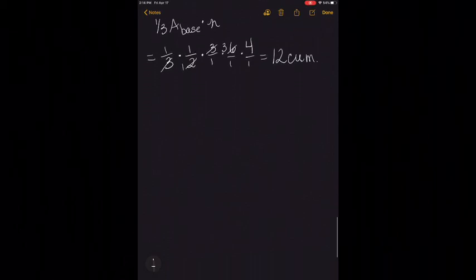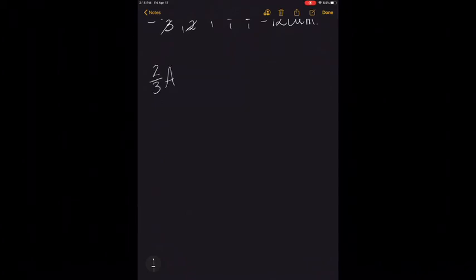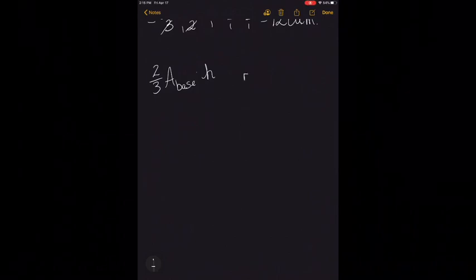The next one, we're going to skip the next one. That's for a cone, but I do want to find the volume of a sphere whose radius is 10 centimeters. Okay, volume again. And so let's start with our equation: 2/3 area of the base times the height.